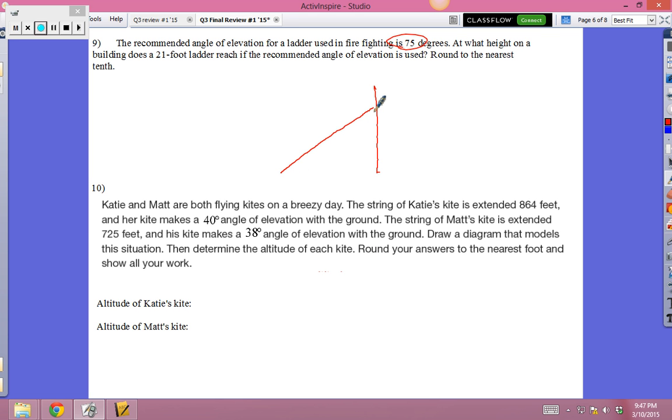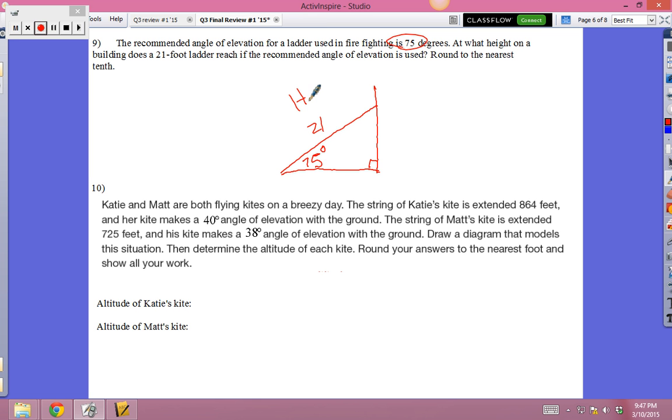So my ladder is 21 feet, and my triangle is going to be right here. 75 degrees, say that's 75 degrees. This is where we're going from. From 75, we need to label the triangle.